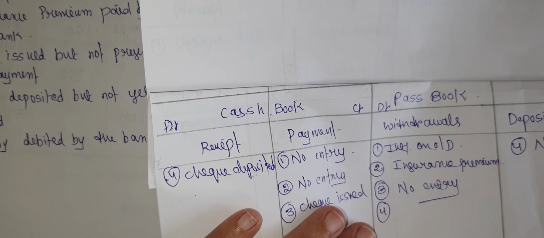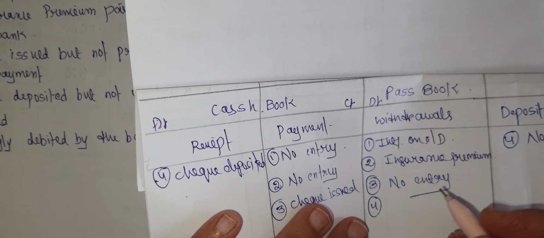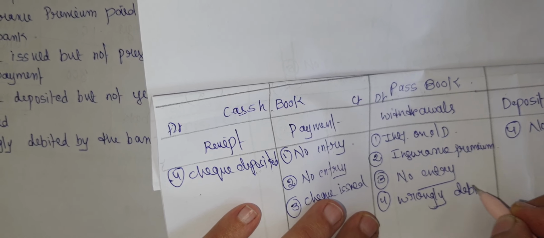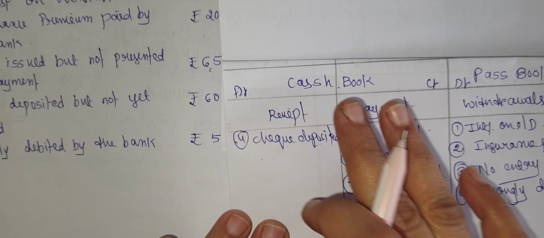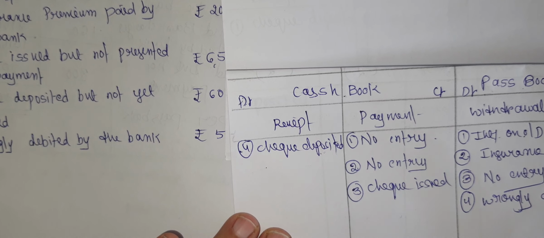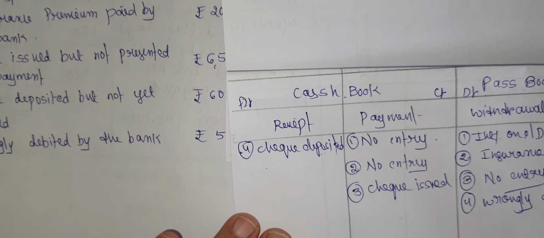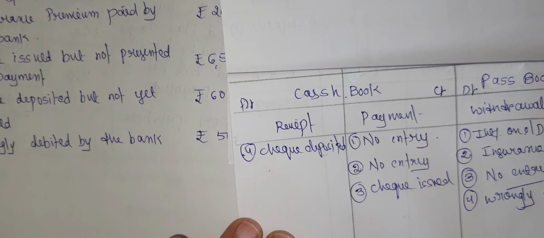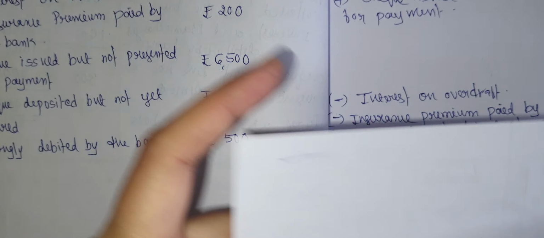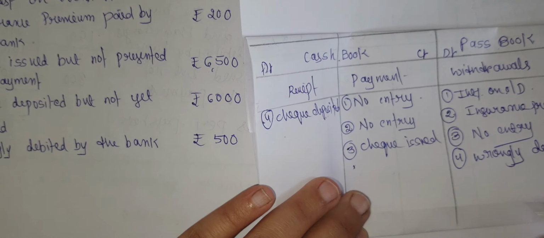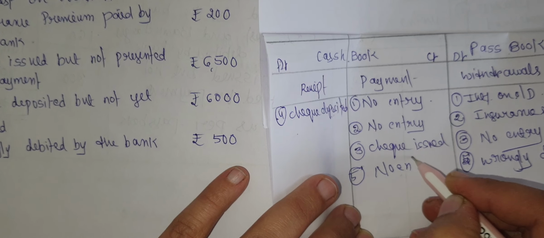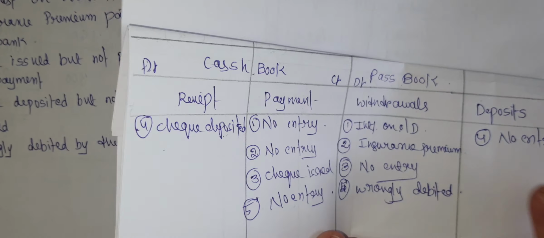The bank wrongly debited the amount, that is rupees 500. But in the cash book, Asha and company are not aware of this transaction. So on the payment side, the credit side of the cash book, there is no entry. Here fifth one, there is no entry.